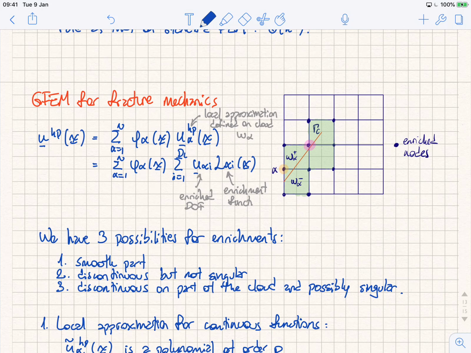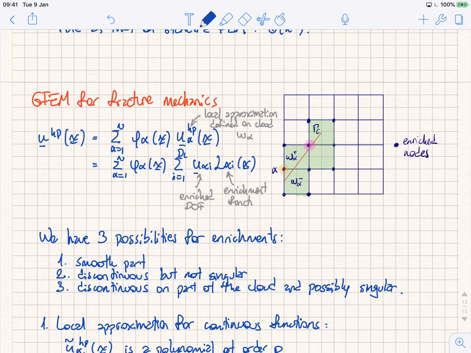What is happening? R becomes smaller and smaller. No, R is defined, it could be any point around the crack tip. The crack tip is coming closer to your nodes that you enrich? No.